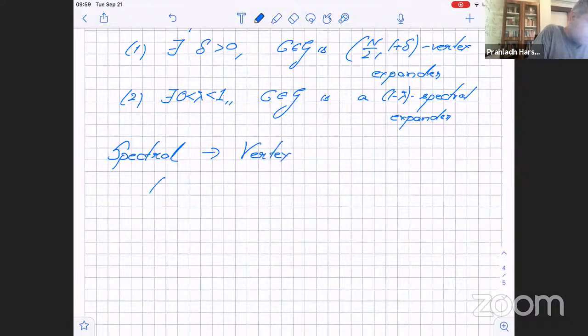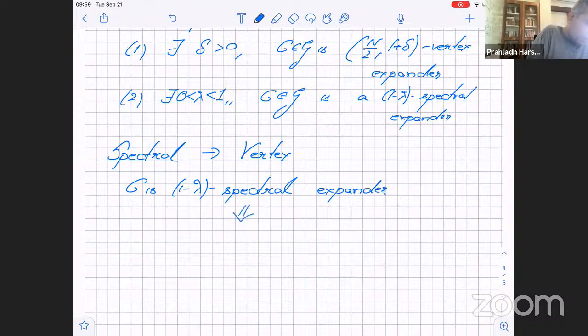We got that if G is a 1 minus lambda spectral expander, then G is a rho n vertex expander with expansion 1 by lambda square plus rho 1 minus lambda square.